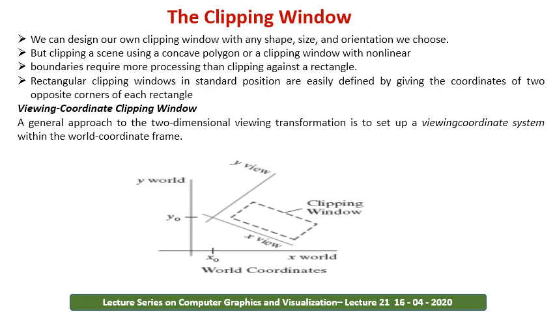Let us move to the clipping of a scene using a concave polygon or a clipping window with nonlinear boundaries, which requires more processing than clipping against a rectangle. Because of that, a rectangular clipping window in a standard position is easily defined by giving the coordinates of two opposite corners of the rectangle. As you can see in the example, if we give just the two corners of the rectangle, it is able to draw the rectangle.